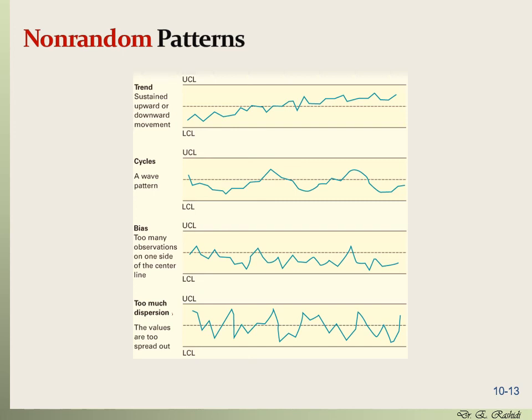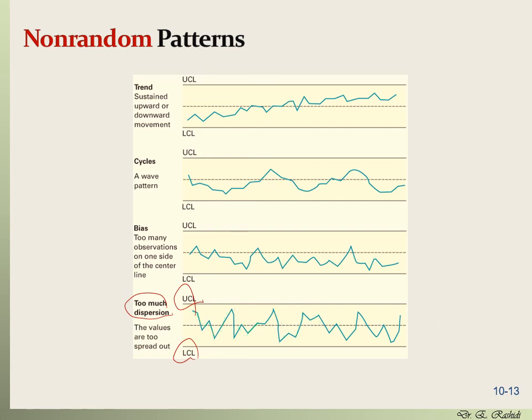And the last one is too much dispersion. As you see here, using the control limits, this would actually pass. But based on our observation, you can see that there is too much scatter, going up, down, up, down, up, down, too much dispersion of data.